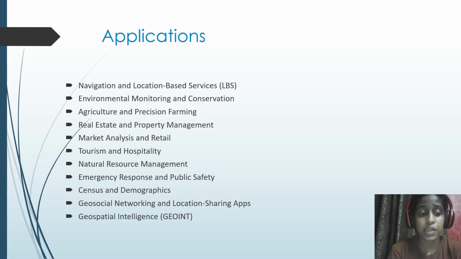Farmers use GIR to analyze soil data, weather patterns, and satellite imagery to optimize crop planting and harvesting. Precision agriculture relies on GIR for precise resource allocation. Real estate and property management. Real estate uses GIR to help clients find suitable properties.